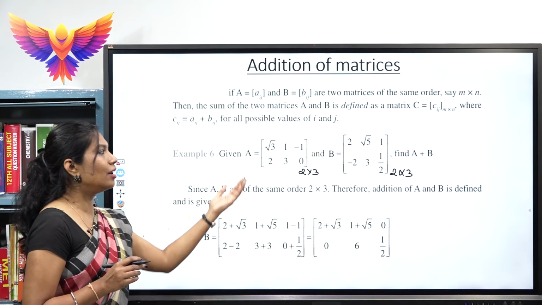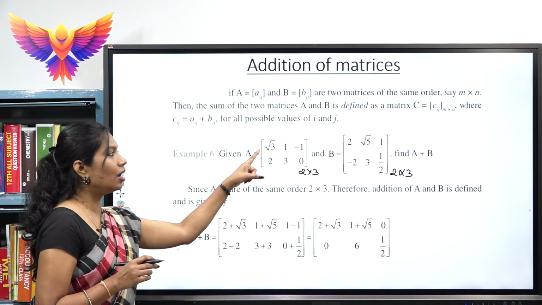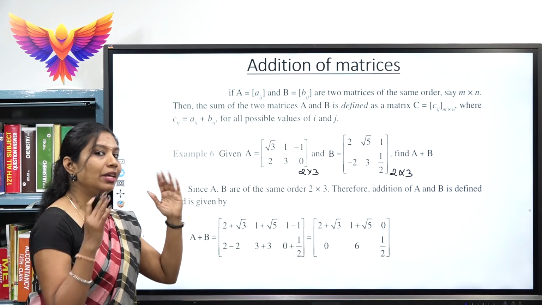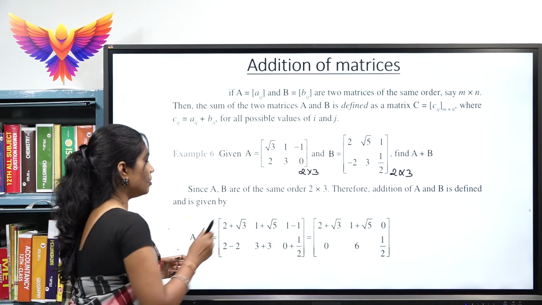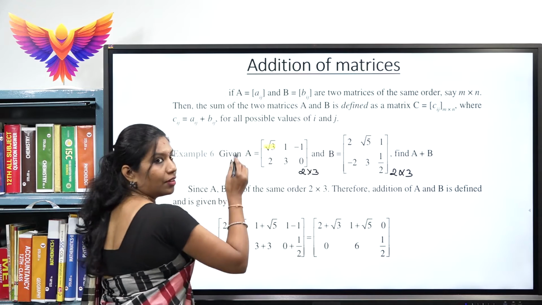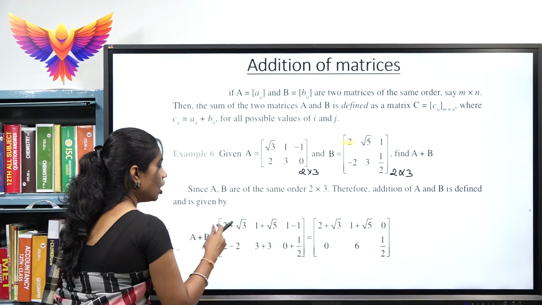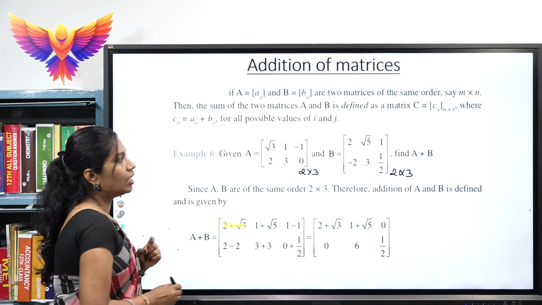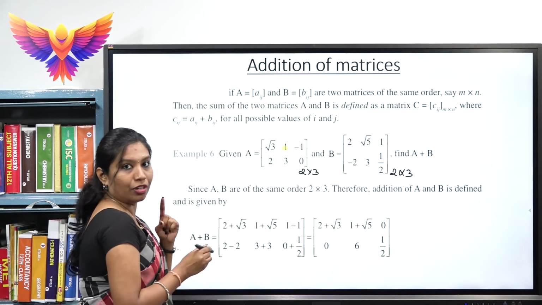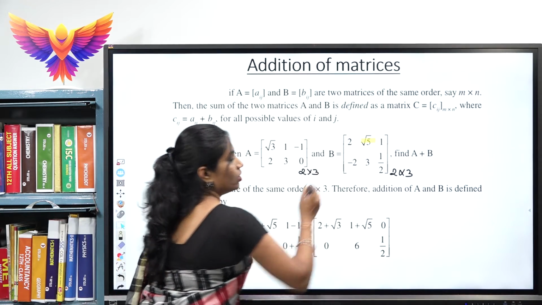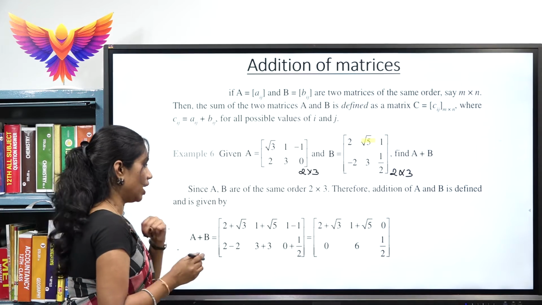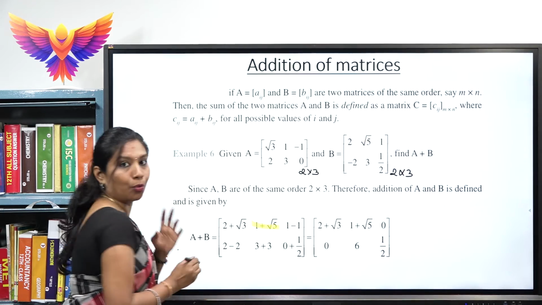So we can add both the matrices by adding the corresponding elements. The first element of the first matrix can be added with the first element of the second matrix, which is 2 plus root 3. Similarly, the second element of the first row with the second element of the first row of the second matrix, which is 1 plus root 5.